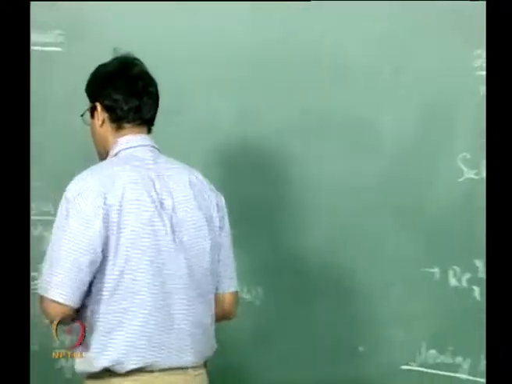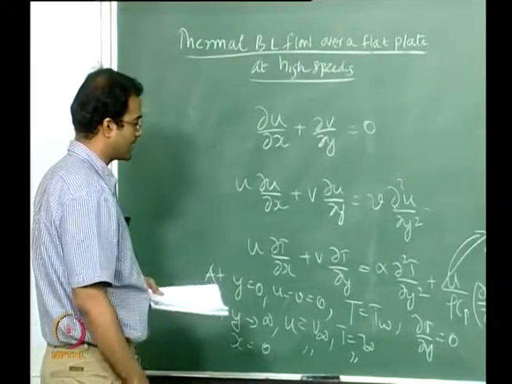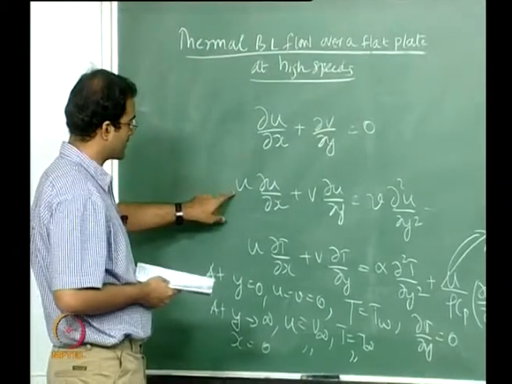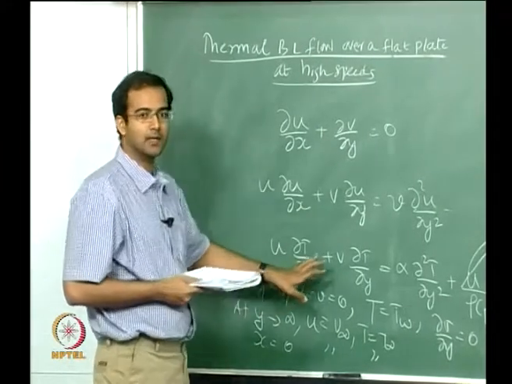Now you can use the same boundary layer similarity expressions and substitute for u, v, and all the gradients. I am not going to do that.